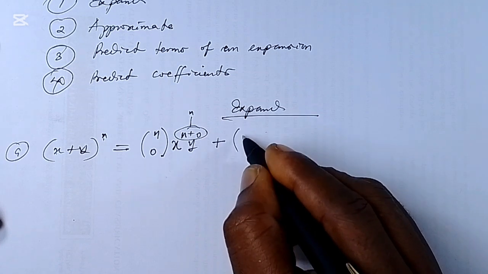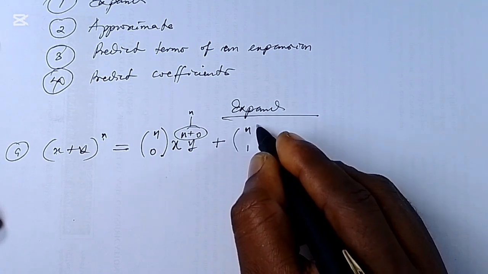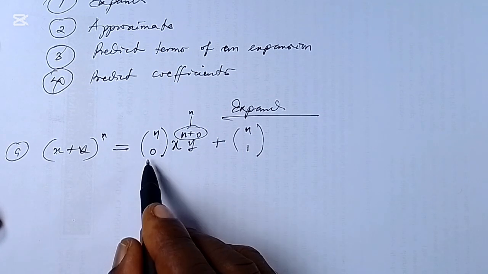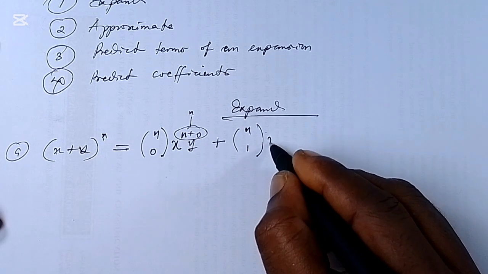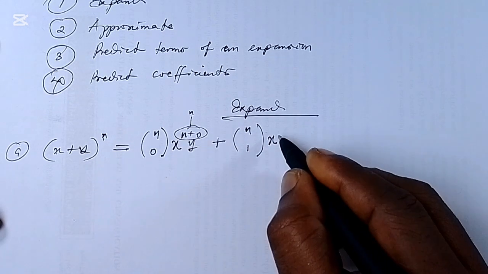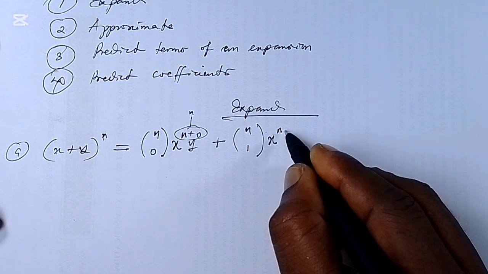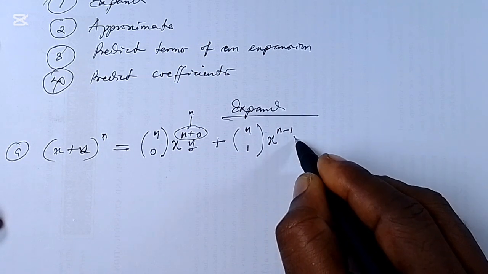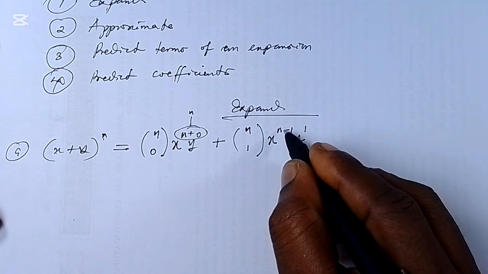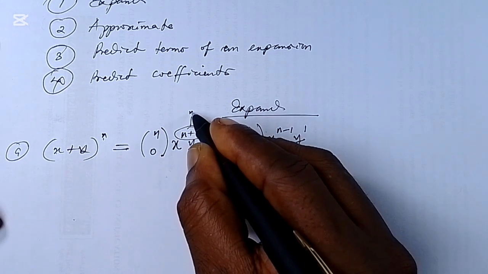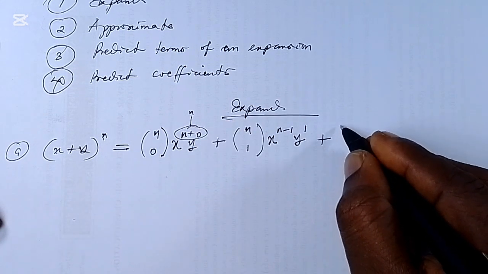So the next term will be n combination 1. Now notice that my 0 has increased by 1 to 1, and this will now diminish the power to n minus 1, and this will increase from 0 to 1. Now take note again, n minus 1 plus 1 will give you n, just to confirm what we said earlier on.